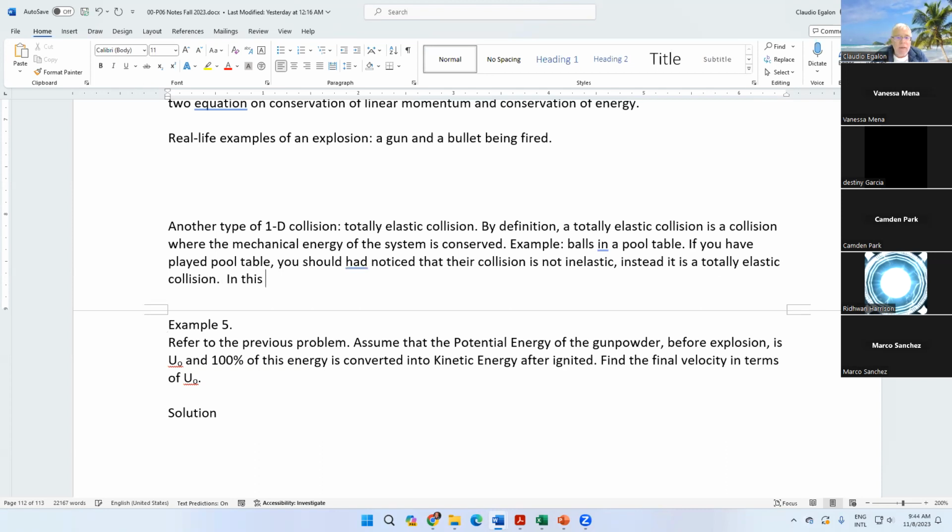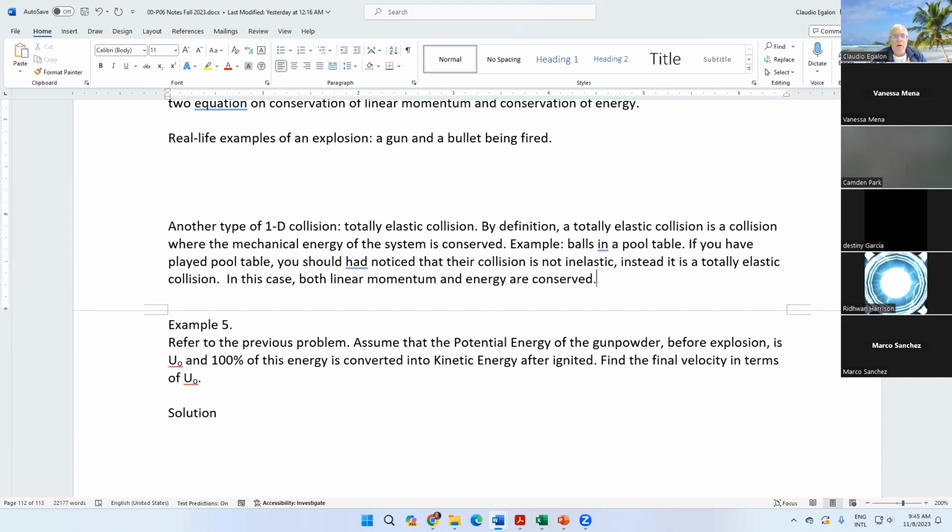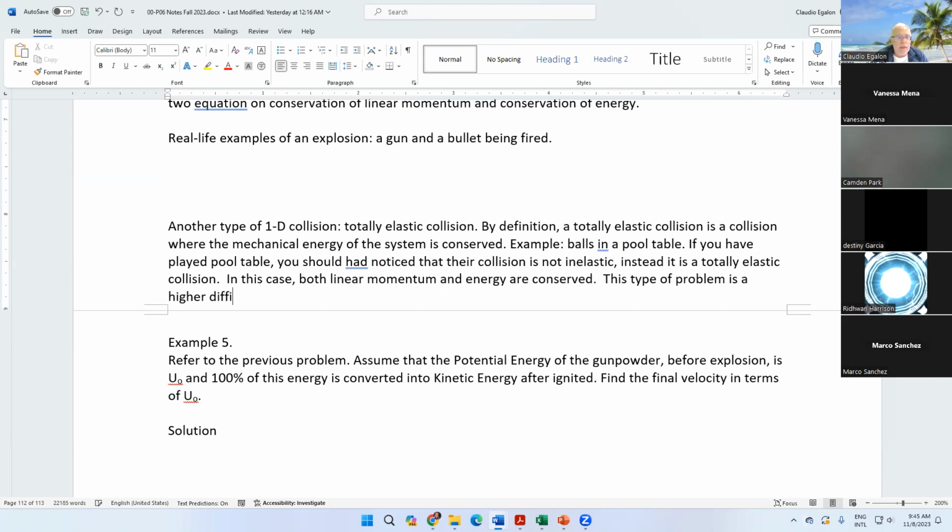In this case, both linear momentum and energy are conserved. That's another level. This type of problem is a higher difficulty problem. So let's go.